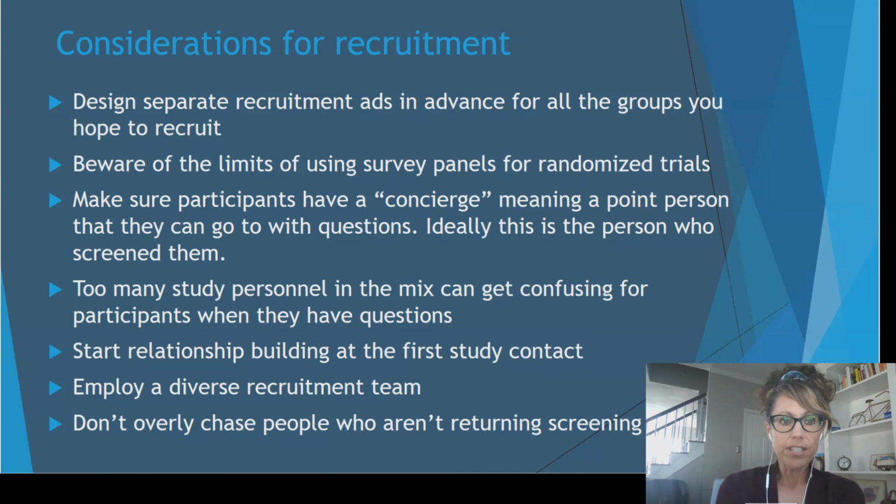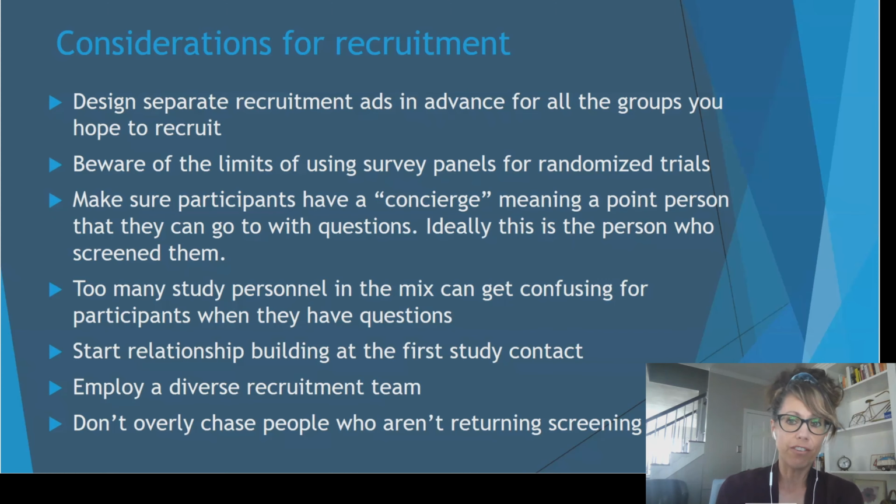So I have here a list of considerations for recruitment as they pertain to retention. I'll just point out a couple of these. I won't comment on every single one of them, but one of the things that we discovered when we use survey panels to recruit for randomized trials, like Qualtrics, for example, is that people who participate in those panels are typically expecting to do surveys, not necessarily interventions.